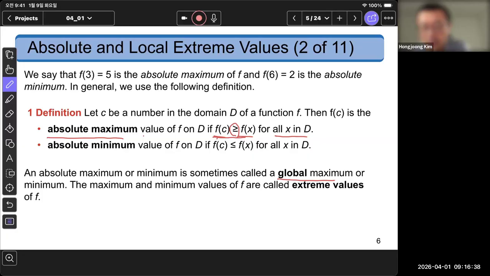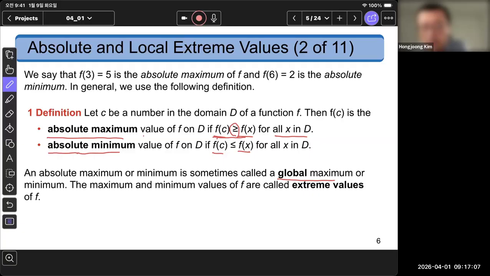And if f(c) is the smallest value in English, in other words, f(c) is less than or equal to the function value for all x in the domain, then we say f(c) is an absolute minimum, or sometimes global minimum.